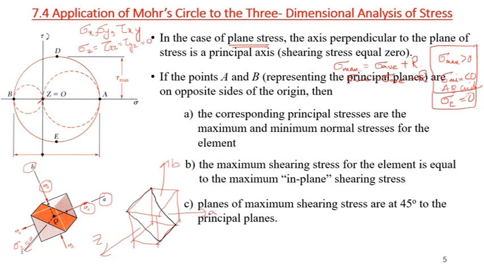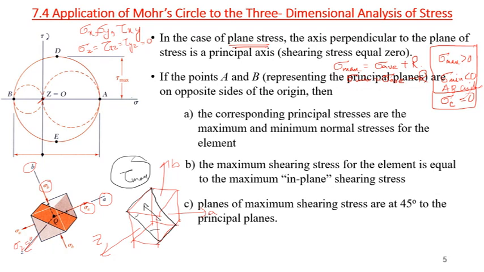So the Z axis will be the axis of rotation, but if I take a plane at 45 degrees, this angle will be 45, this angle will be 45, but you can say rotating about the axis in between. So on that plane, the shear stress will be tau max, the absolute maximum shear stress on the system. Okay.